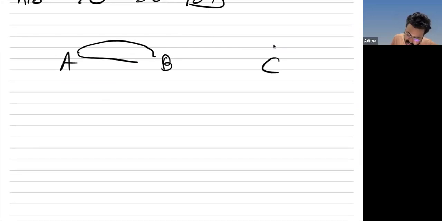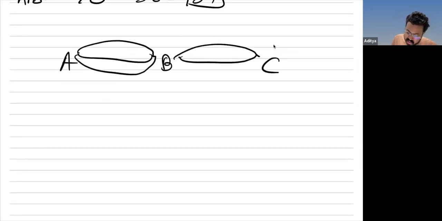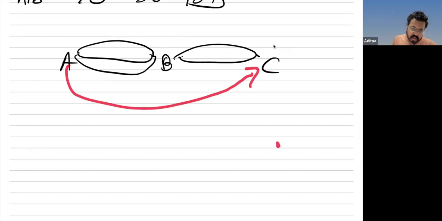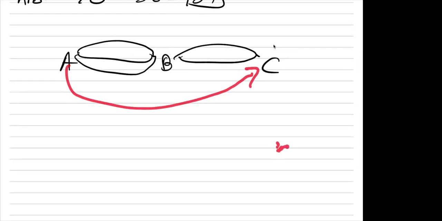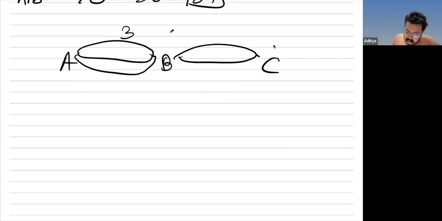Suppose you want to go from city A to city B to city C, and there are 3 ways from A to B and 2 ways from city B to city C. How many ways are there to go from A to C? Whoever was asking me the question, you only have the doubt, na? You only try answering this. 6. Correct. So you multiplied 3 times 2, correct?